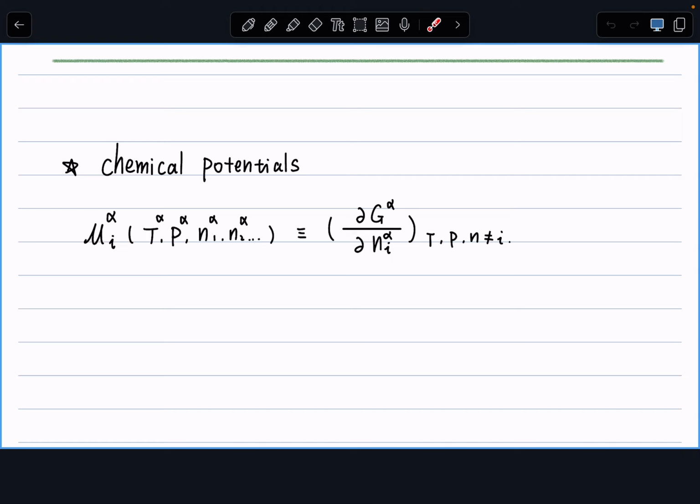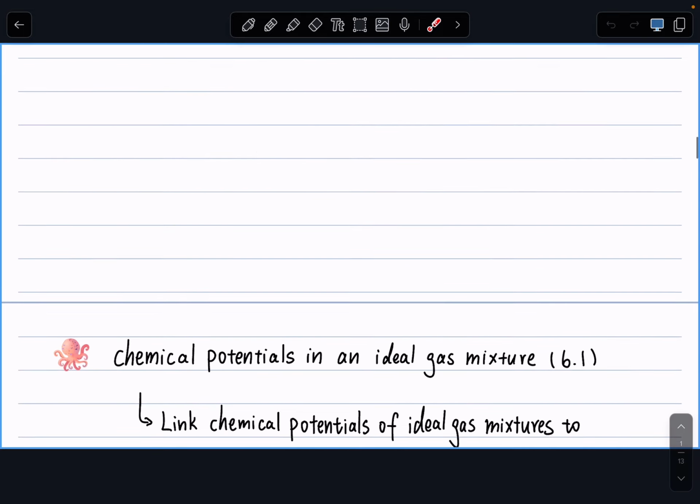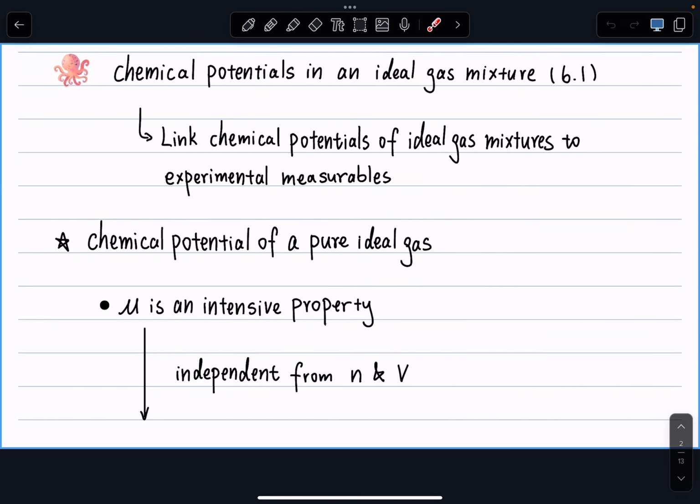N1, N2, N3 mean these are the chemical species in my mixture. It's defined as the partial derivative of the total Gibbs free energy of phase alpha with respect to N of phase alpha and species i, while everything else is kept constant. We'll come back and use it very soon.